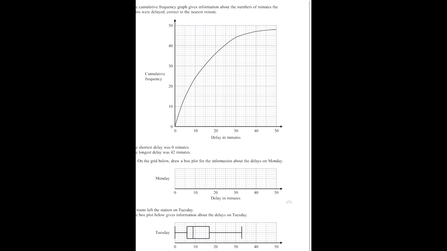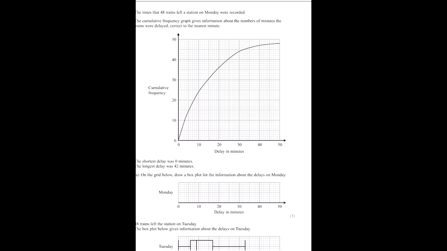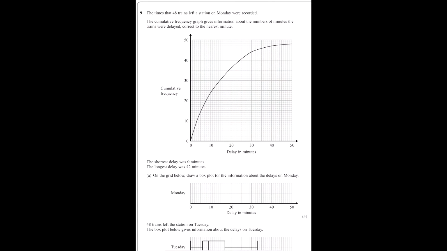So to find the quartiles, we know that we have 48 trains. The lower quartile would be a quarter of 48, which would be 12.